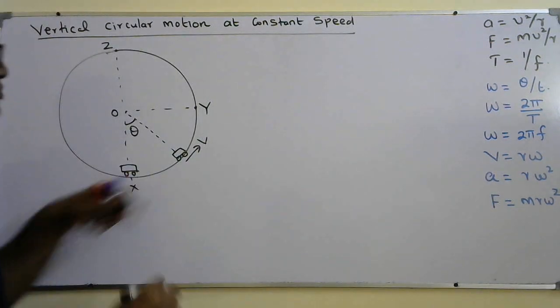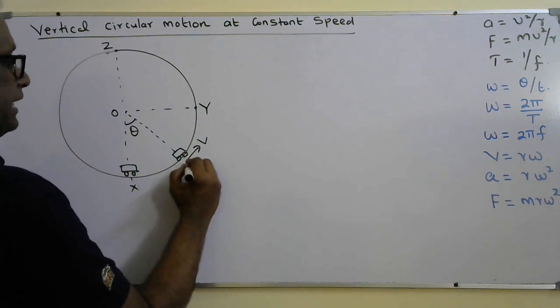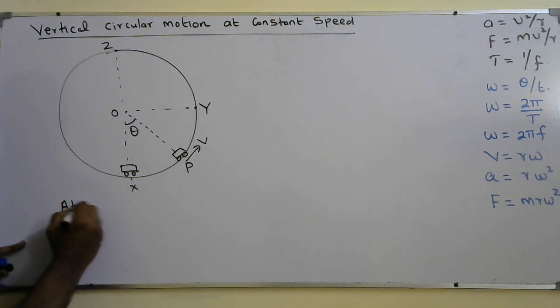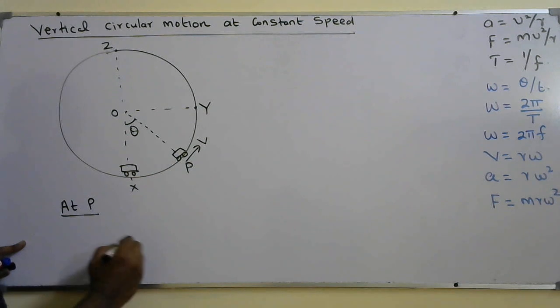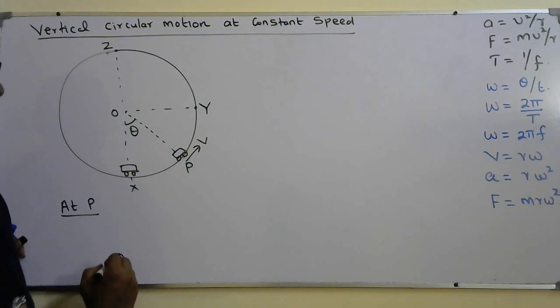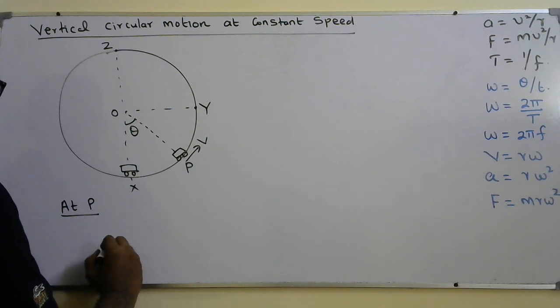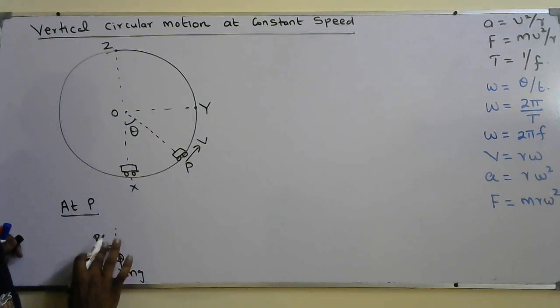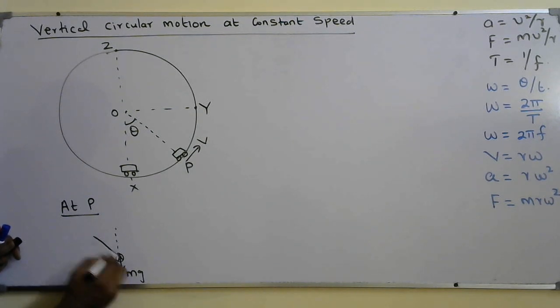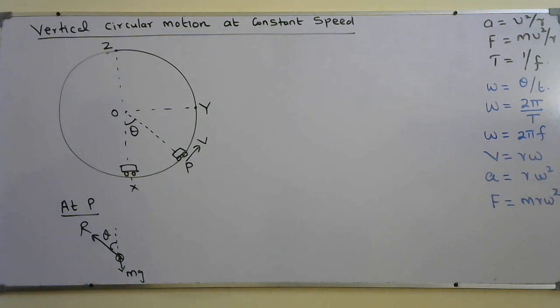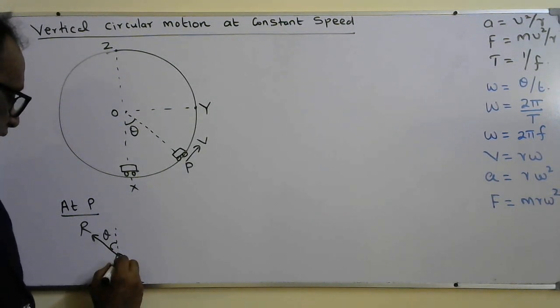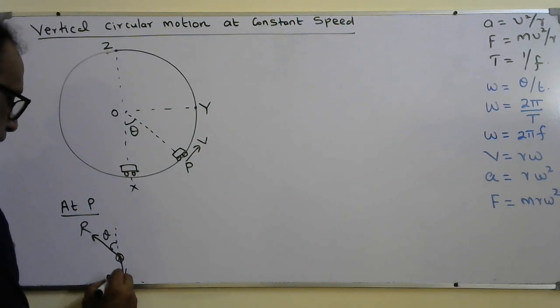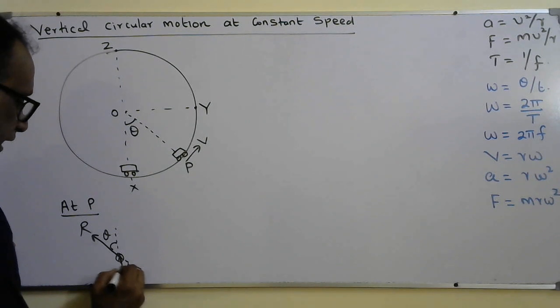At this arbitrary position, I can name it P. If I draw the free body force diagram at P, I'll draw the car as a small sphere, easy to draw. There will be a normal reaction R from the track in this direction. The weight will act vertically down, mg, and this angle is also theta. It's moving at constant speed. We know the resultant force towards the center of the circular path is called the centripetal force. So this angle is also theta, the opposite angle.